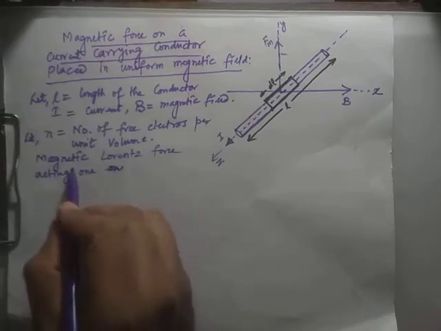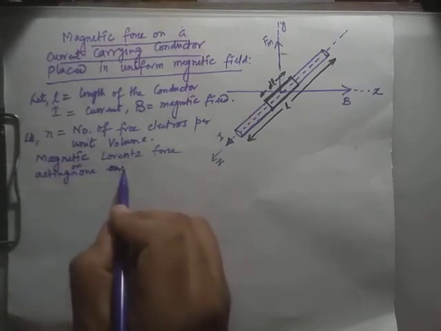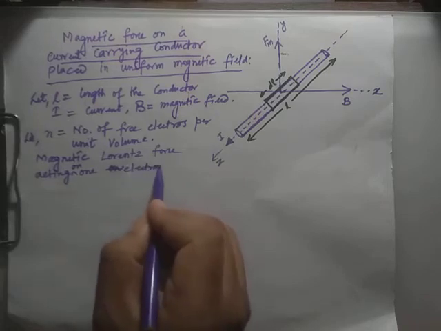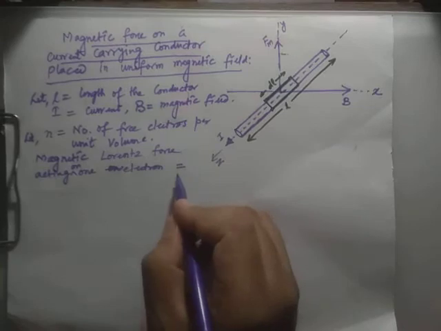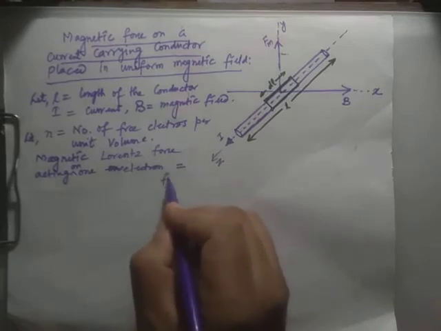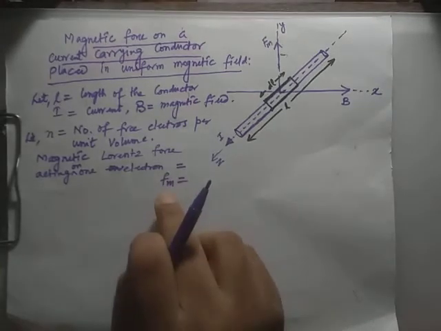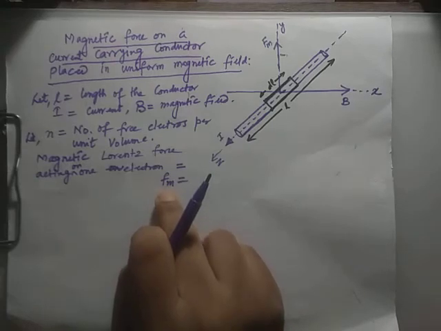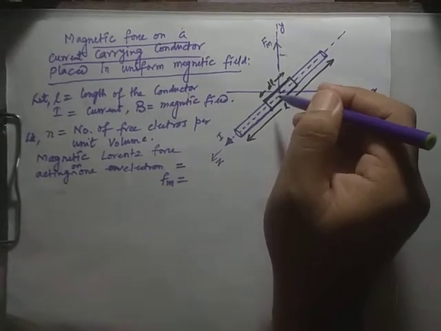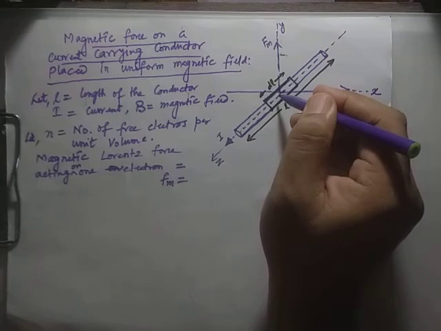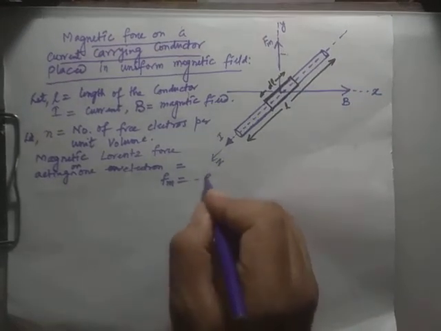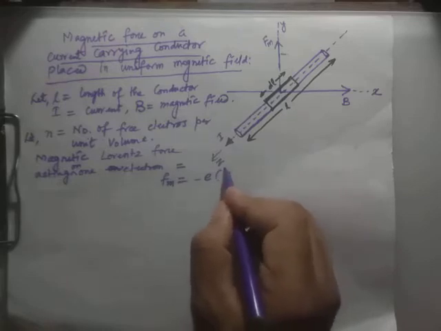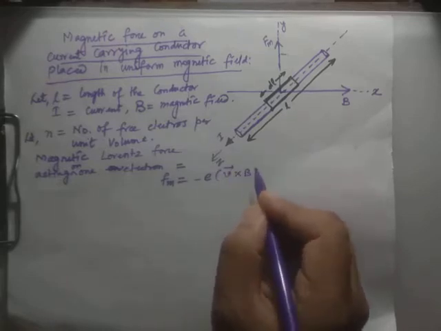What is the formula? We learned Fm is equal to, we'll take a small f, because we are going to find it only for a single electron, that is why f is equal to minus e, v cross B.